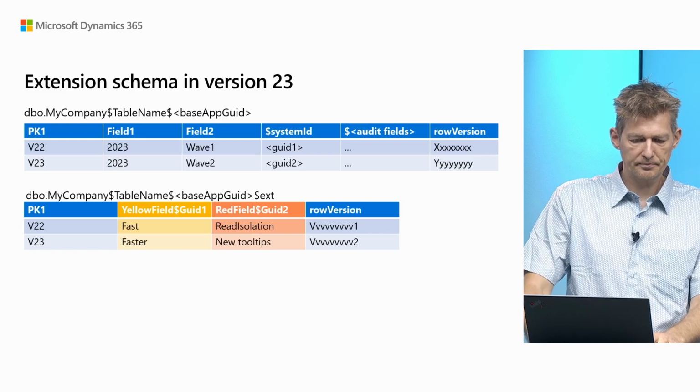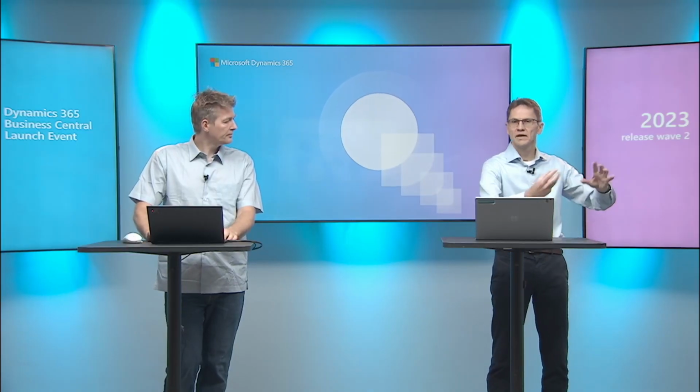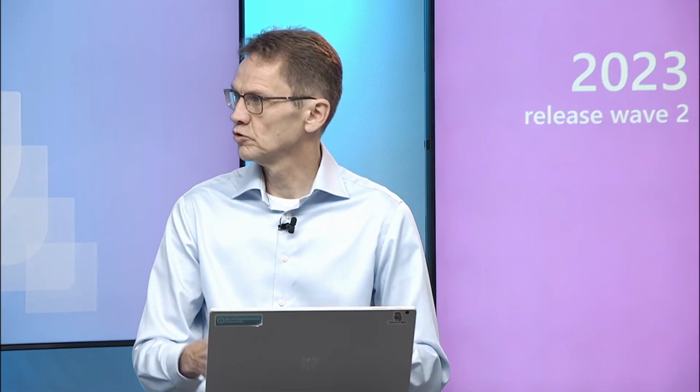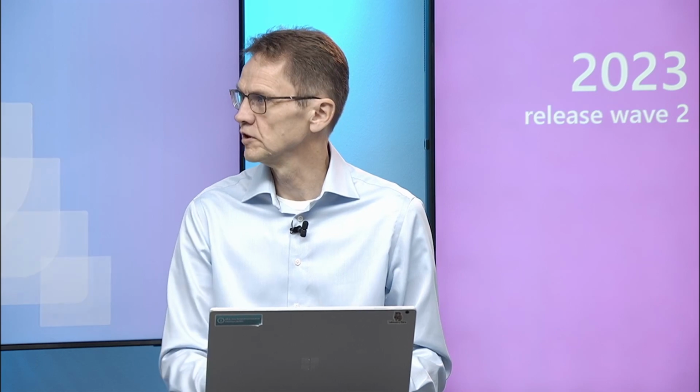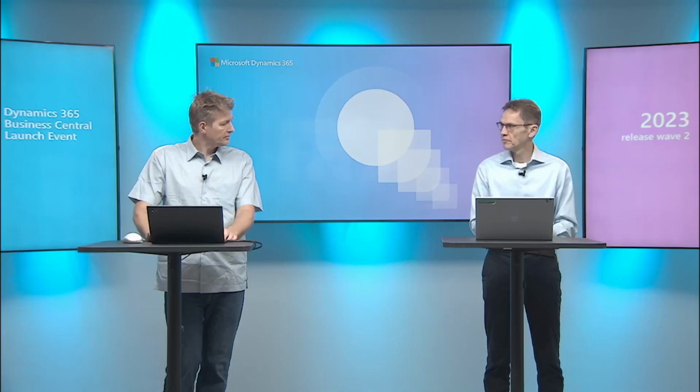And you'll also notice that in addition to only having one table and one join, the database size actually also decreases quite a bit because there is only one copy of the primary key, there is only one copy of the row version, and then of course you have the individual fields, meaning that the overall storage usage is smaller. Correct.